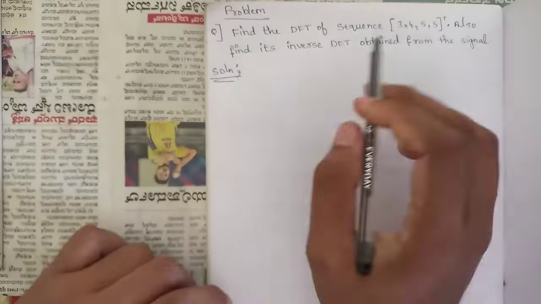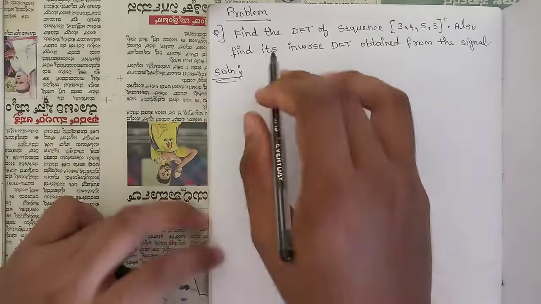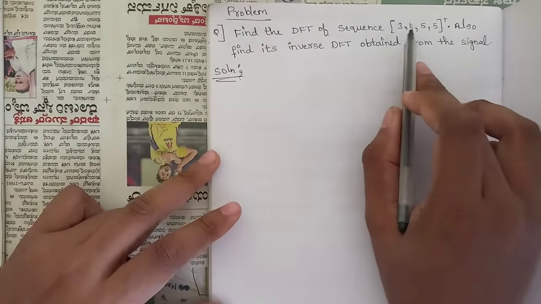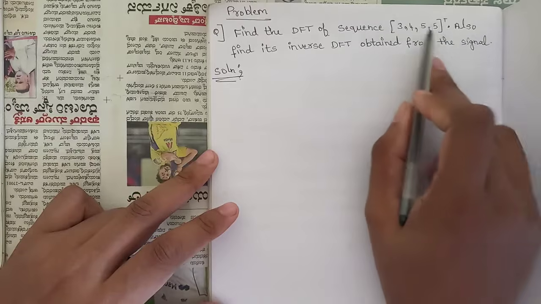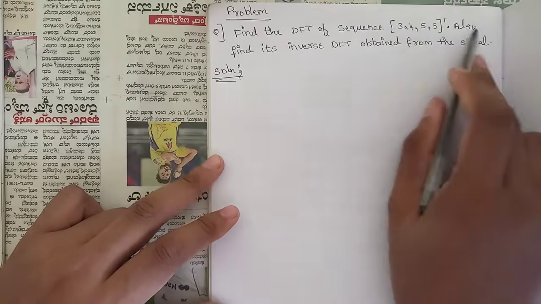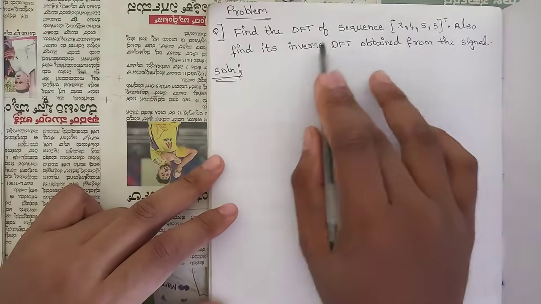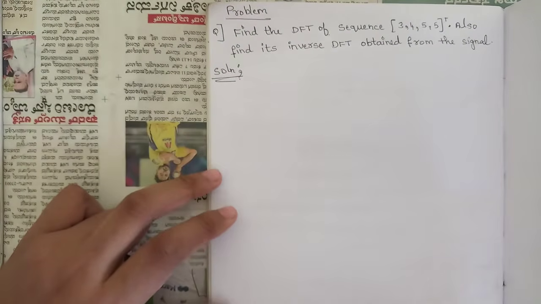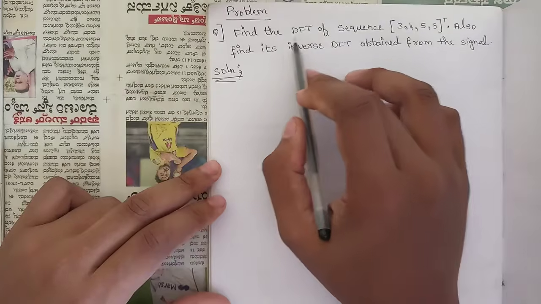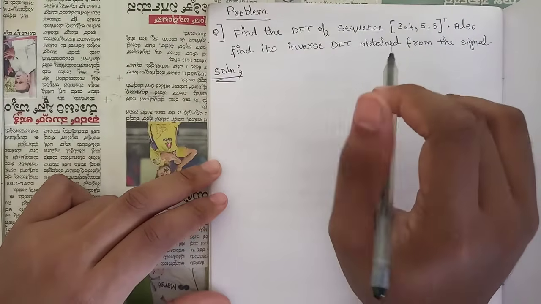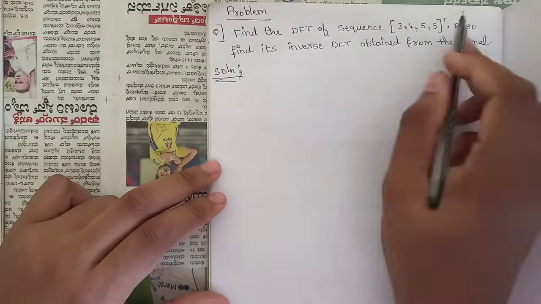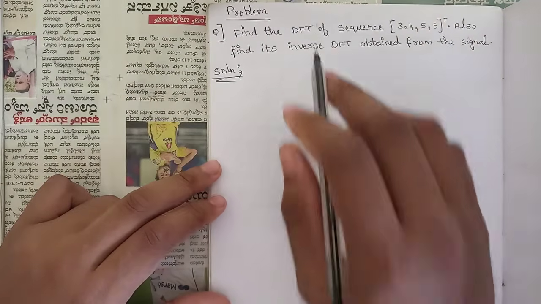So this is the question: we need to find the DFT of the sequence 3, 4, 5, 5. This is the sequence given. Also, we need to find its inverse DFT obtained from the signal. First we need to find the discrete Fourier transform of the given signal. After that, using the answer we got, we need to find its inverse discrete Fourier transform.